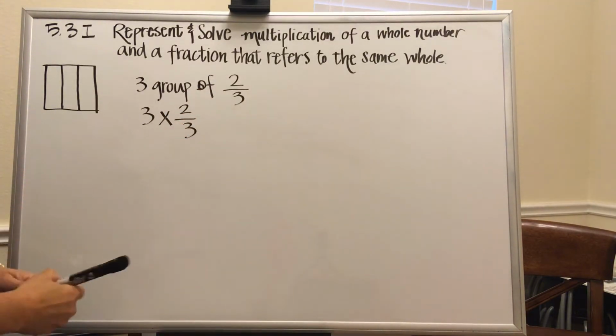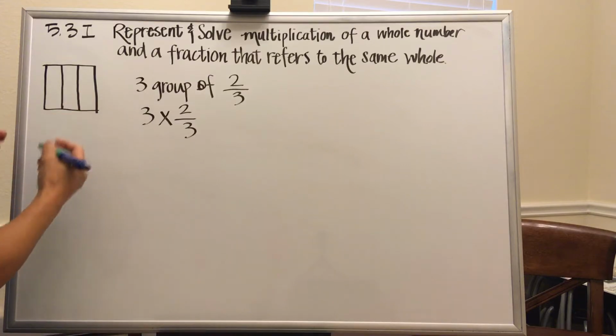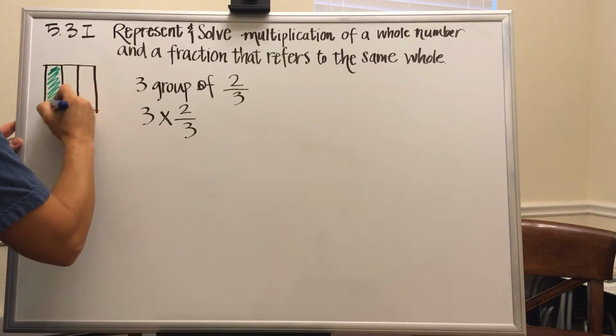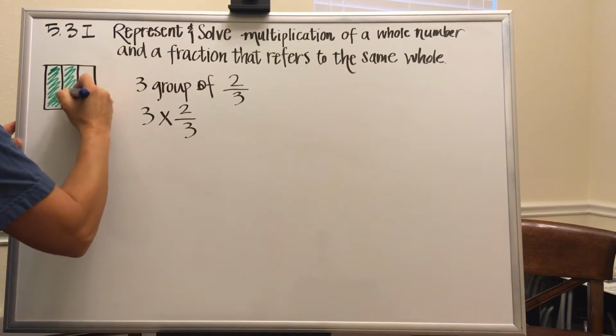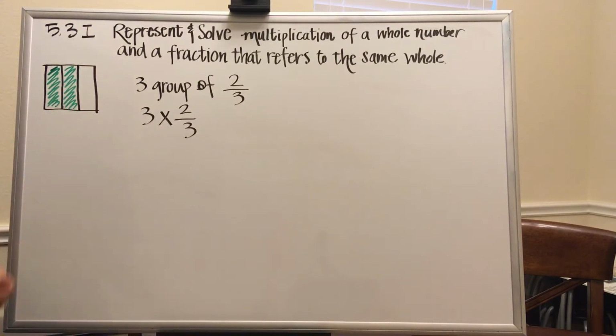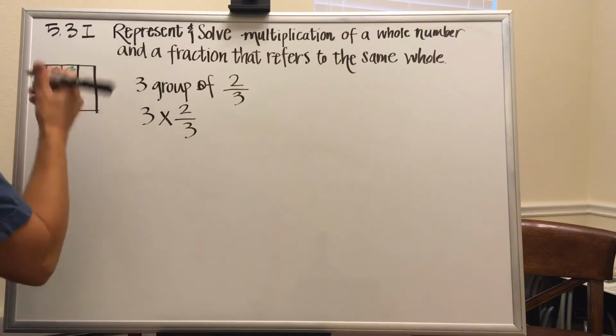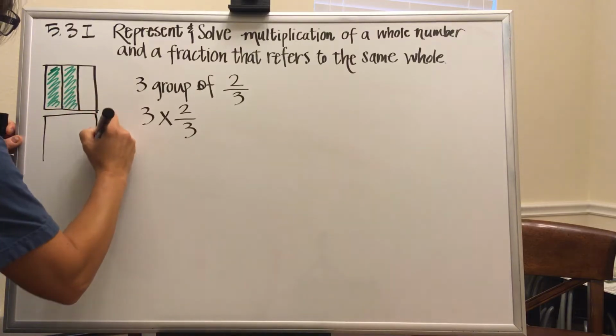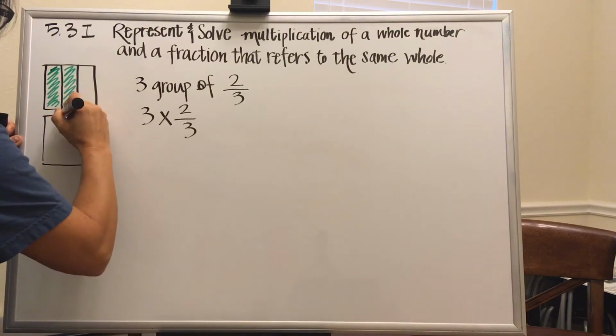So what that looks like on pictorial diagram, I've got 1 2/3. Okay, I need 3 sets of this. So really I can continue to draw another whole that looks just like this. 1, 2.